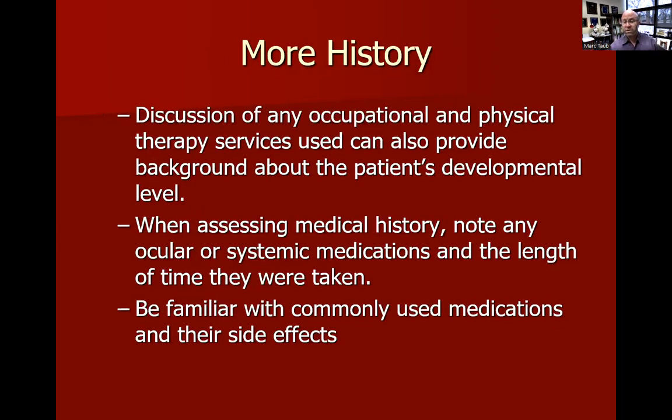Getting any previous history is quite important, whether it be from the occupational therapist, physical therapist, neurodevelopmental pediatrician, whoever they're working with, gathering that information and even potentially having a conversation with them beforehand about the behaviors that they're seeing and they'd like you to try to kind of decipher. Obviously, as in any medical history, ocular and systemic medications are very important, as well as side effects. Many medications that they're taking can cause changes in vision, especially accommodation.